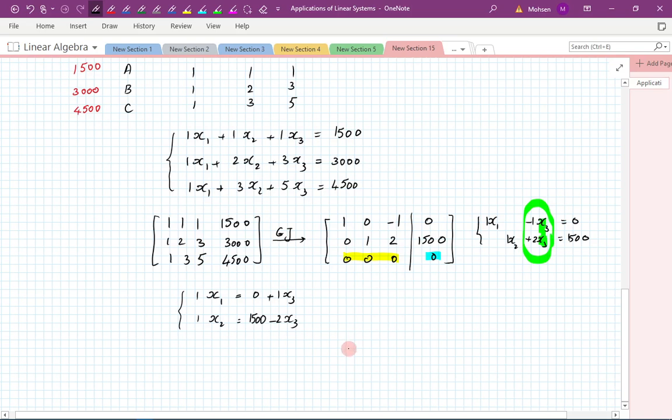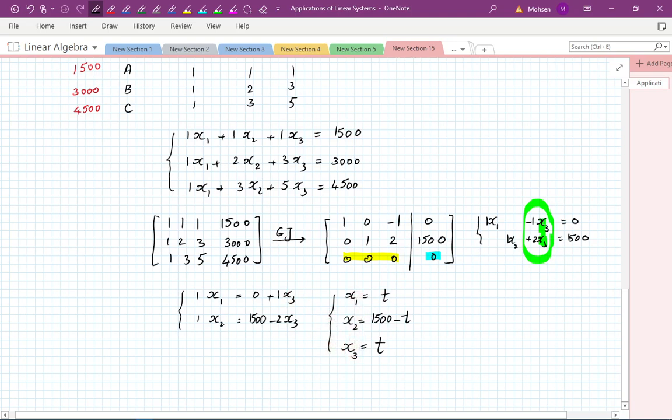And then what? The style is a matter of style. For the free variable, we use some other kind of letter to flag for ourselves that it has been declared free. So we call it, say, t, and then everybody gets written in terms of t. So x3 becomes t, x2 becomes 1500 minus t, and x1 is just t.